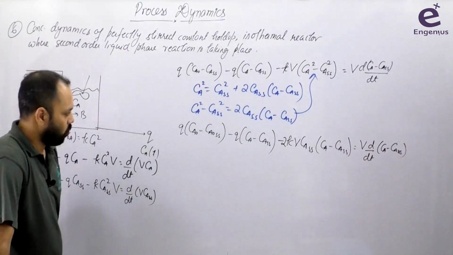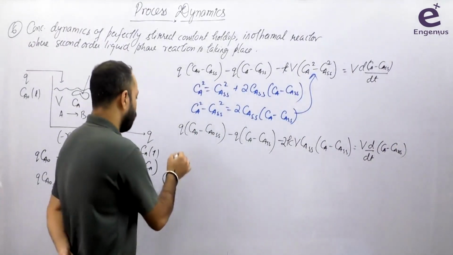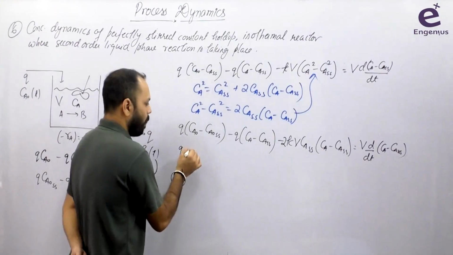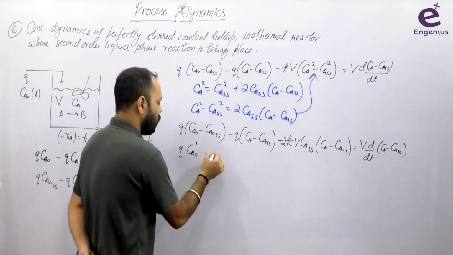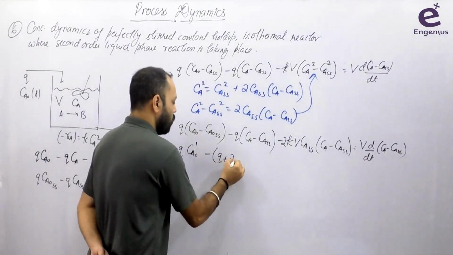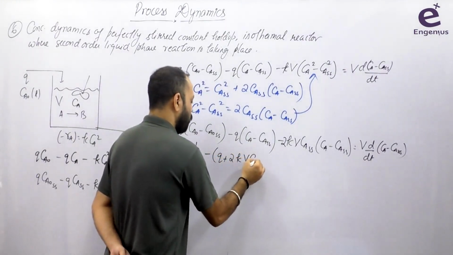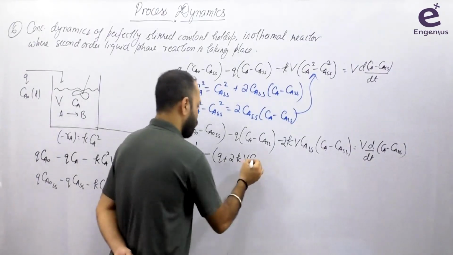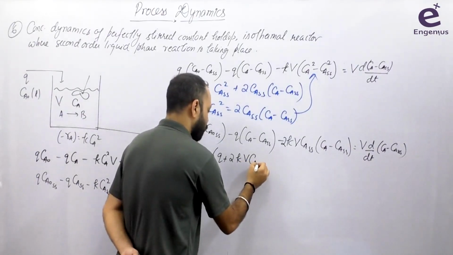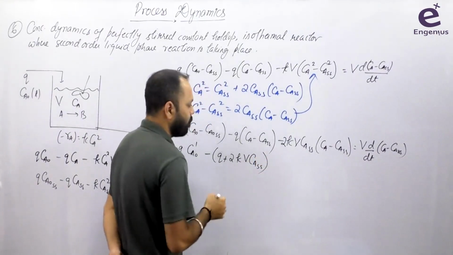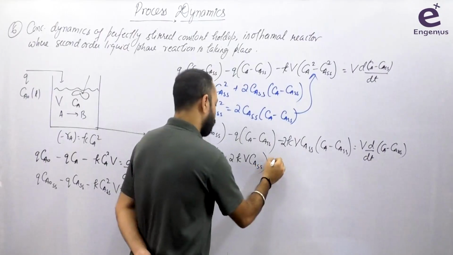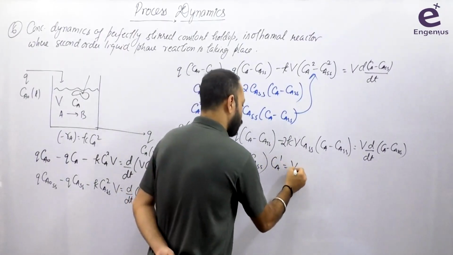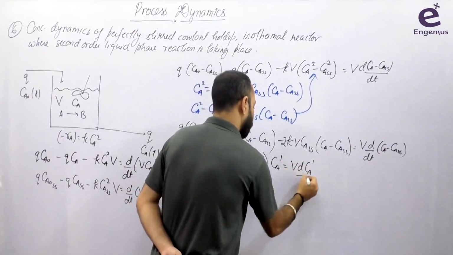Now we can take things common, so let's do it. Look, Q Ca naught dash, deviation variable, minus (Q plus 2kV Ca SS) Ca dash, where Ca minus Ca SS means Ca dash, is equal to V dCa dash by dt.